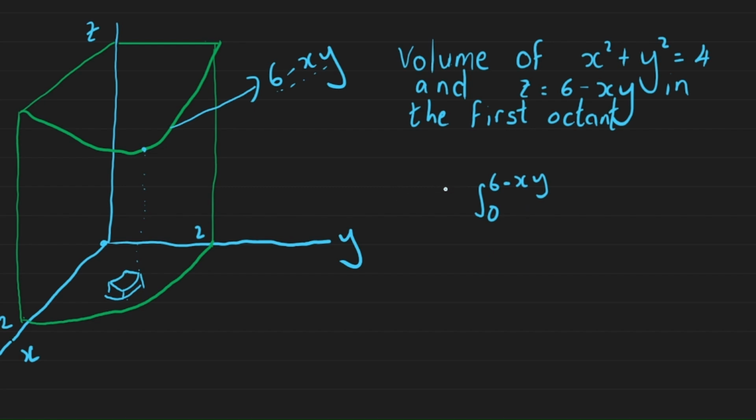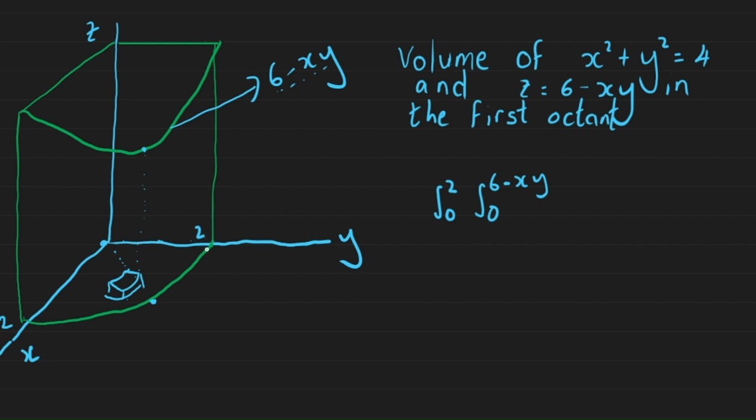Then we need to think about r and theta. So r is just the radius of the circle, and we can see that the radius of the circle is 2. So we're integrating from 0 to 2. We're stopping at 2. And then lastly, theta, the angle.